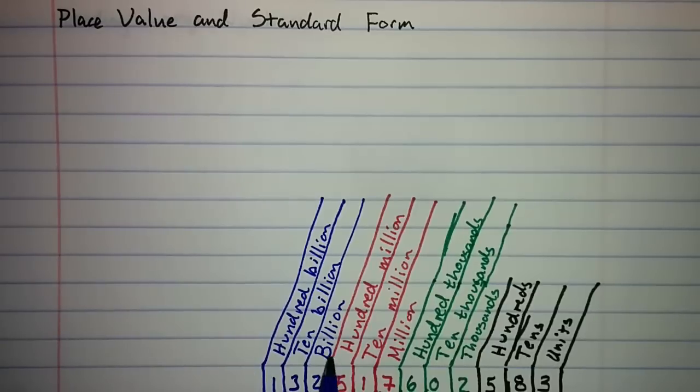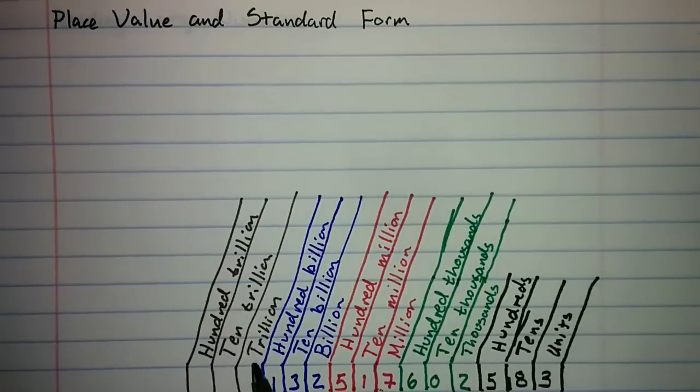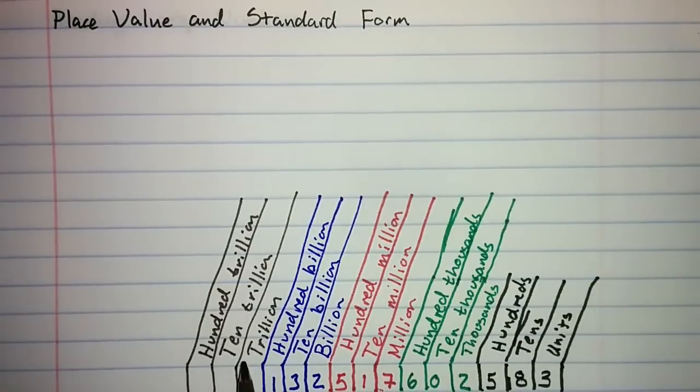10 hundred billions, 1,000 billion gets a new word, and that word is trillion. So 1,000 billion is a trillion, 10 trillion is just 10 trillion, 10 tens of trillions is 100 trillion.